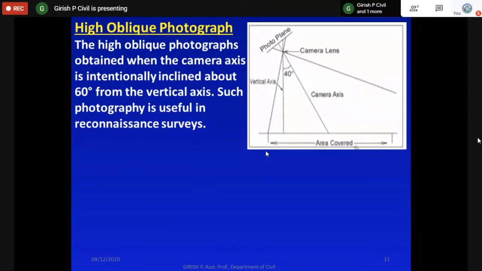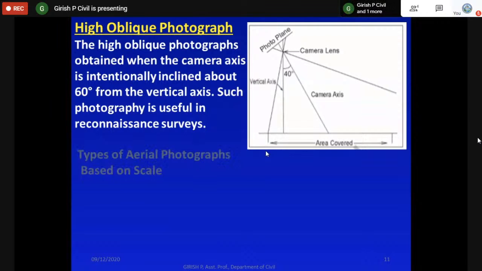Whereas in the case of low oblique photographs, the intentional deviation varies from 15 to 30 degrees. Such photographs are useful in most reconnaissance surveys.